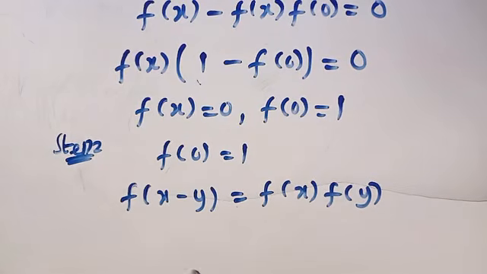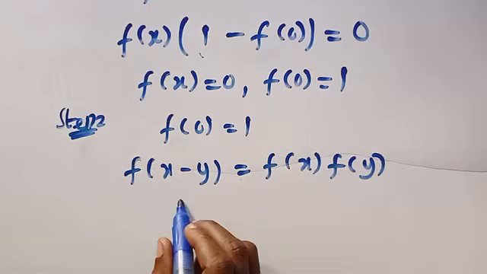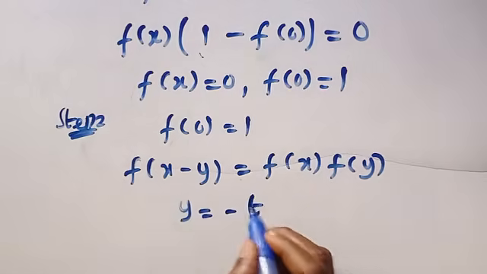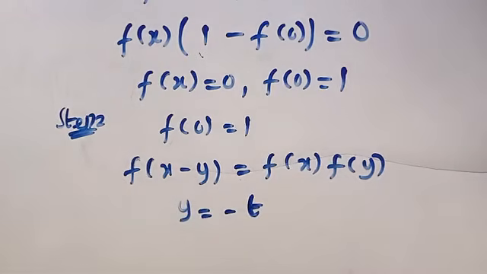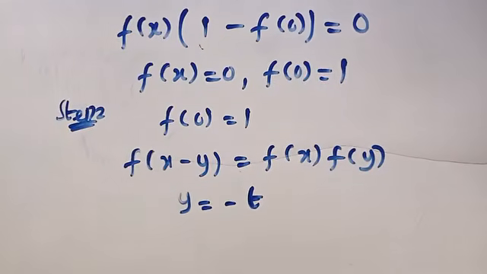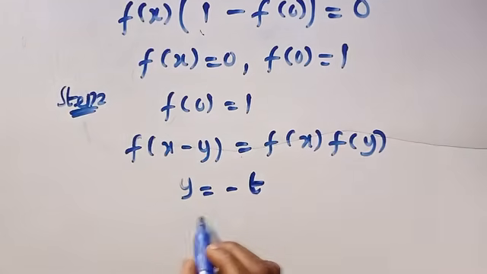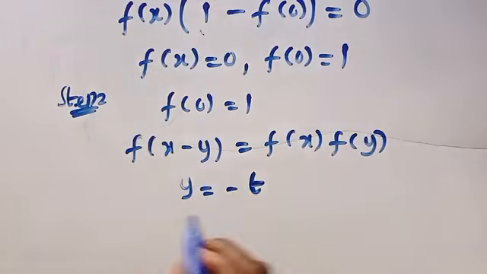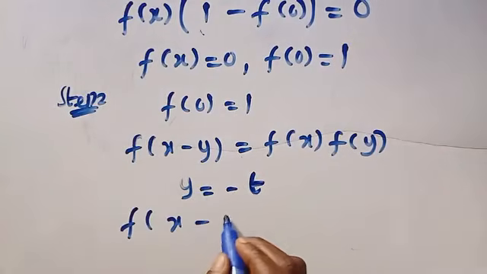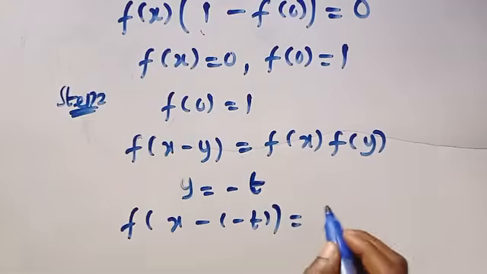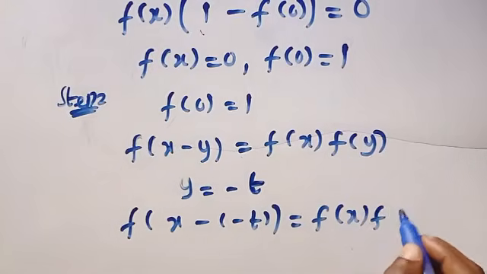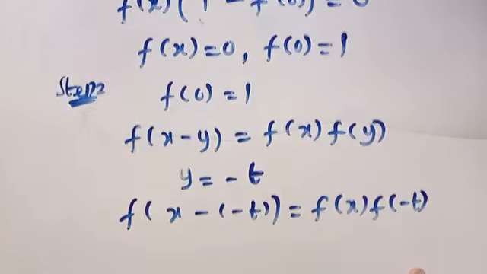Or at this point, I can assume that x equals a and b equals minus y. But that will still take a long process, though we still get the same answer. To make it simple, if I assume that y equals minus t, where t is any value, then we change it to t, and we have f of x minus open bracket minus t equals f of x multiplied by f of minus t.